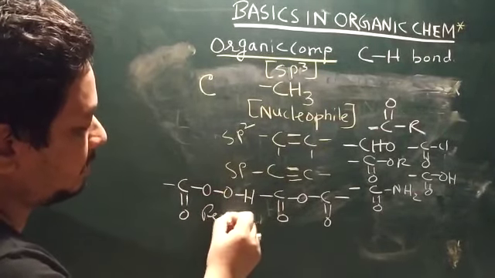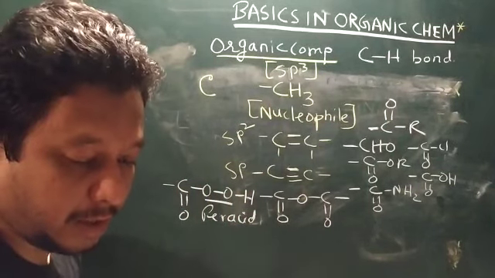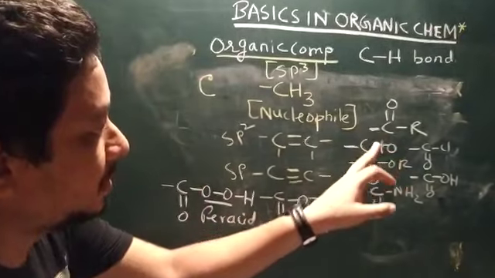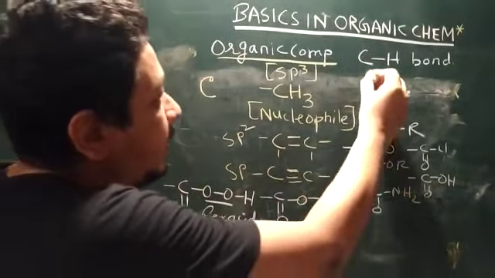This is a peracid because it contains a peroxy bridge. So these are the important ones. This is ketone, this is aldehyde, and all these examples belong to electrophiles.